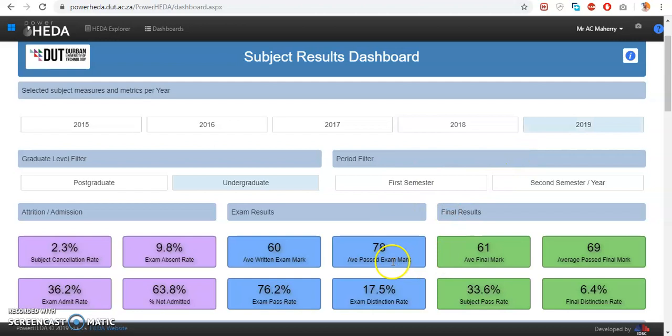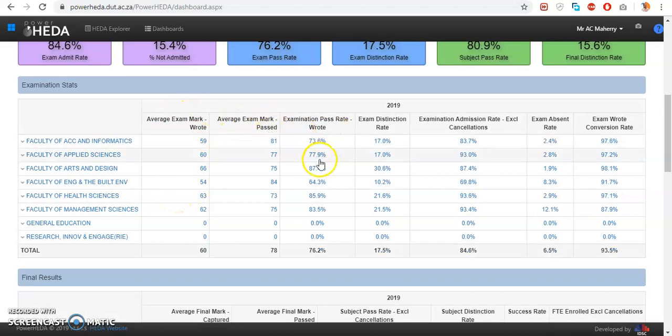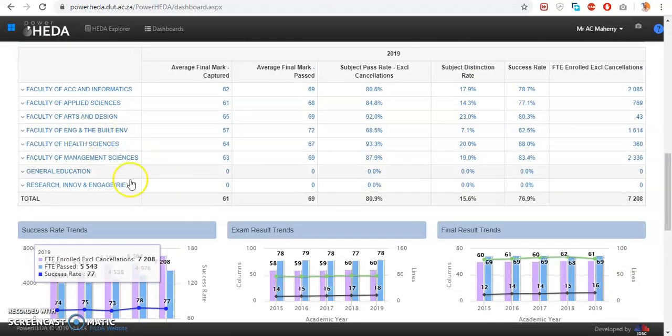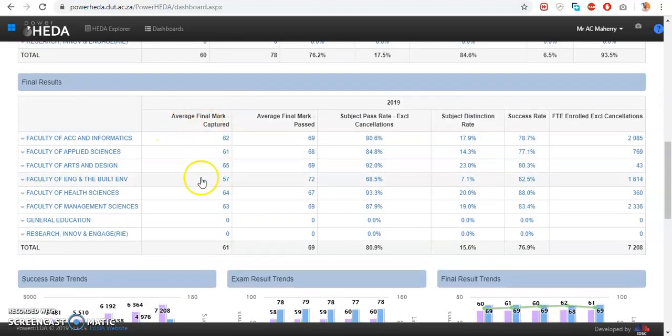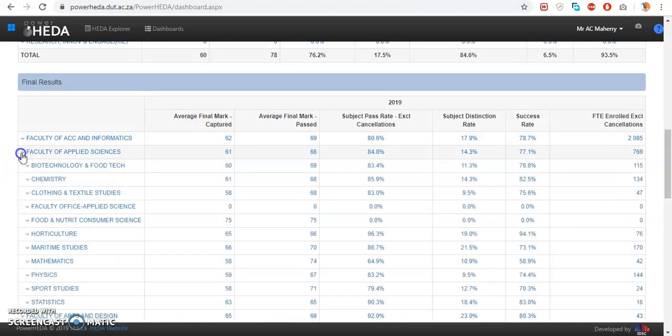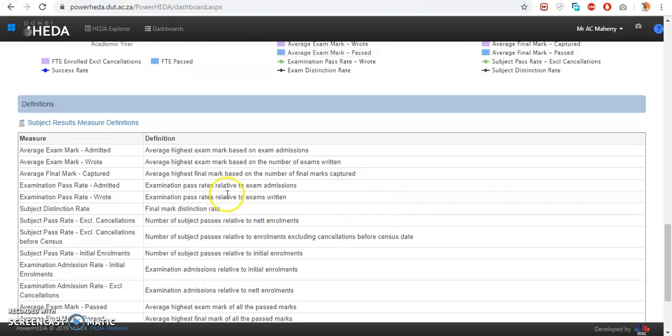You could then go and have a look at the first semester data and see what your average exam marks were, what percentage passed, what your distinction rate for your exams was. You can have a look at all of your subjects, including continuous assessment, for your different faculties. You can go and have a look at how your full-time enrollments have changed, how your average exam marks have changed, and you can have a look at your definitions.